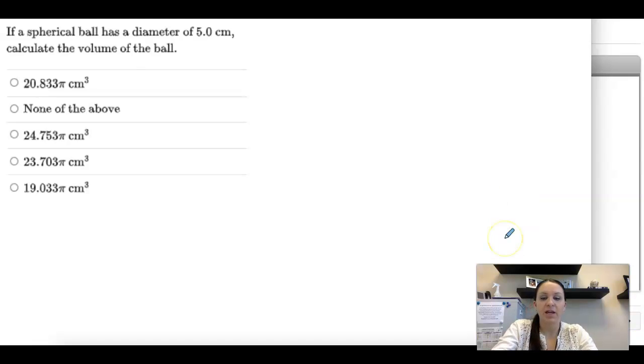And when I put that in my calculator, I'm going to just put the numbers, not pi. So 98.784 right here. Pi is just part of the answer.